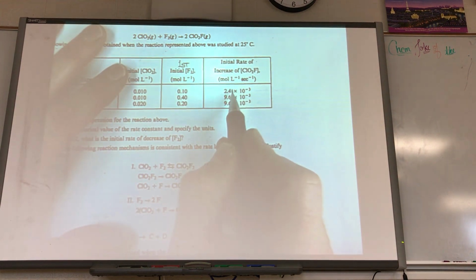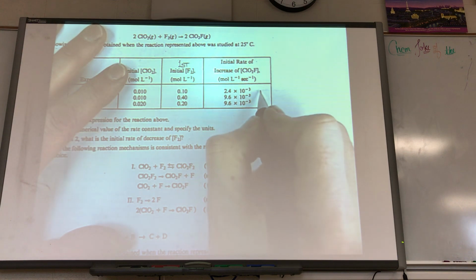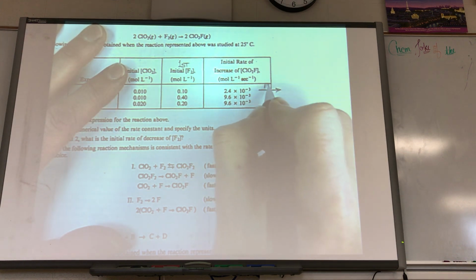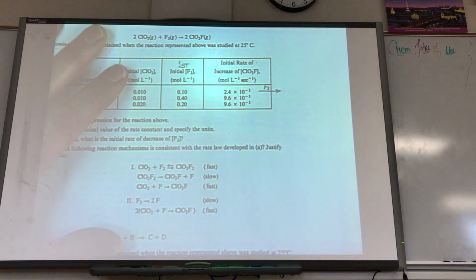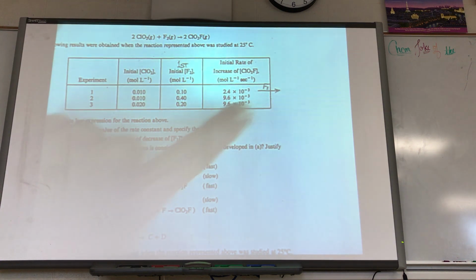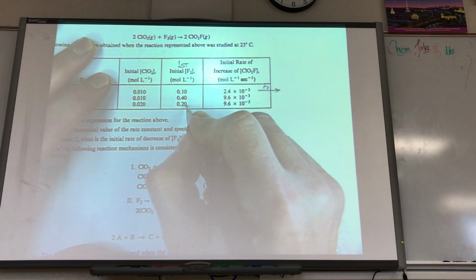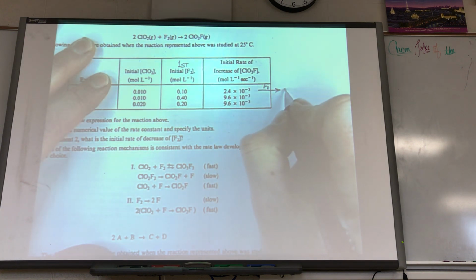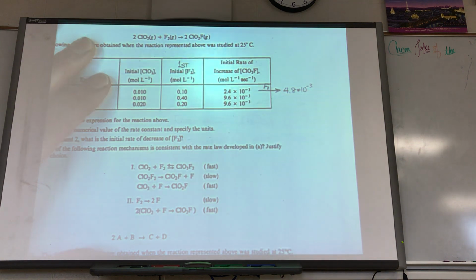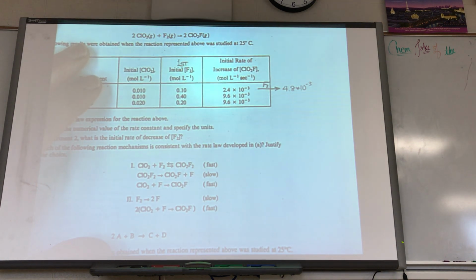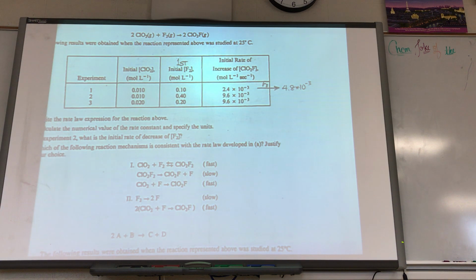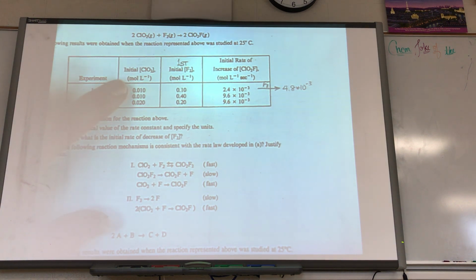The rate is 2.4 times 10 to the negative third. Because of the change in F2, right above the arrow I'm going to write F2. Being first order and the F2 doubling, that causes the rate to go up to 4.8 times 10 to the negative third. That's just from the F2 changing. Now, look at the ClO2.